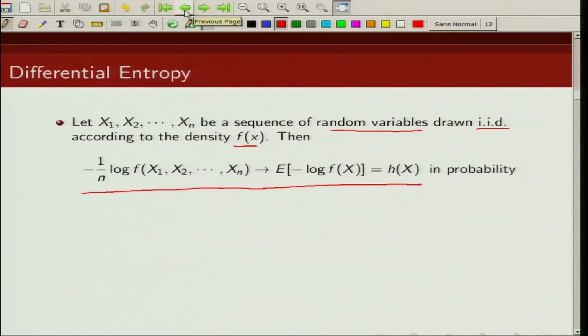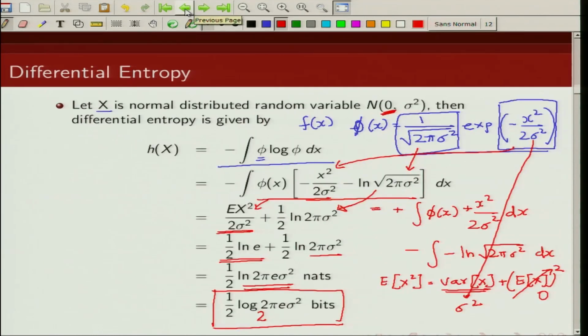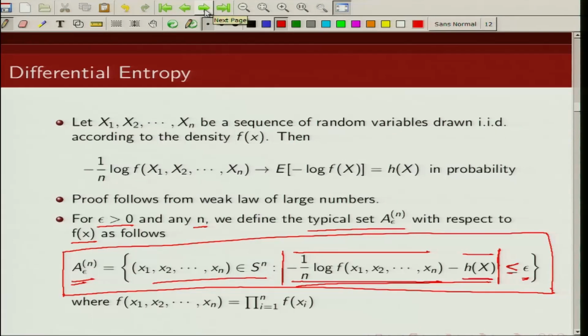So if you go back and look at the definition of the typical set, we defined it such that the difference between the empirical differential entropy and the true differential entropy, the absolute difference, should be less than or equal to epsilon.